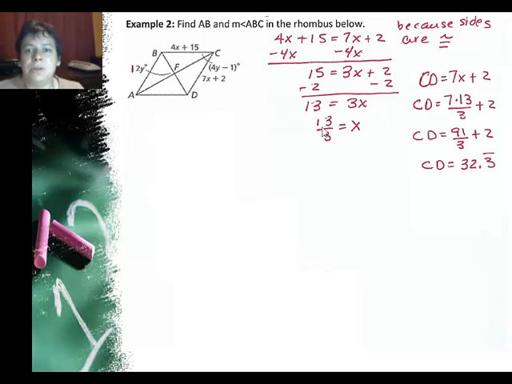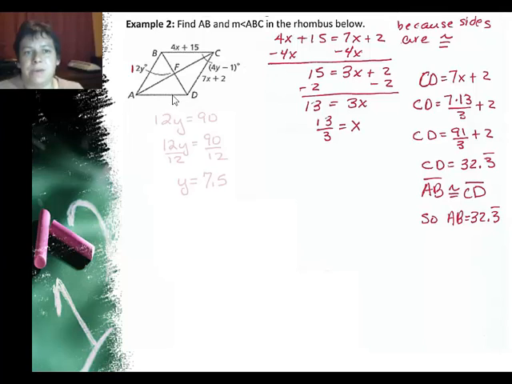I substitute in 13/3 for x, 7 times 13/3 plus 2. I get 91/3 plus 2, and I used the calculator, and I get 32.3 repeating. So if that is the length of CD, it's also going to be the length of AB because all sides on a rhombus are congruent.